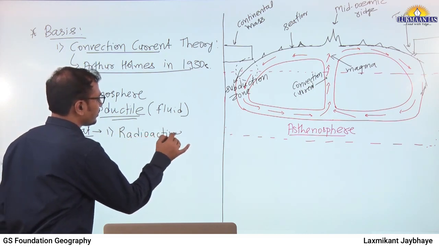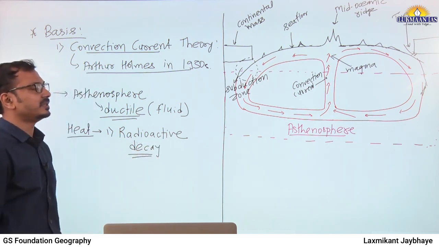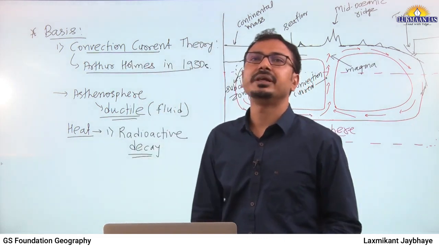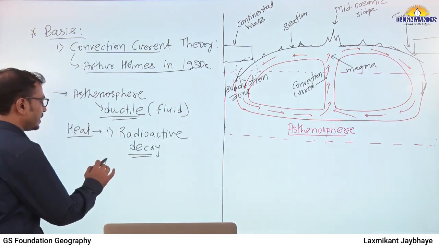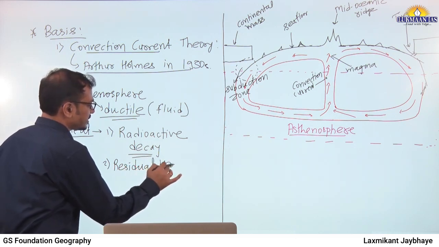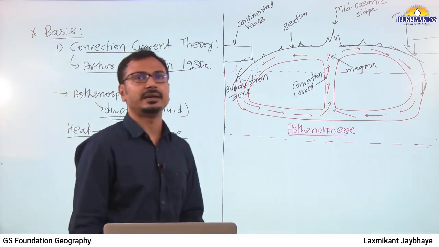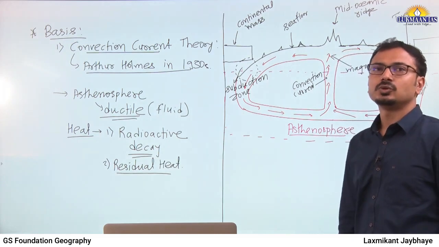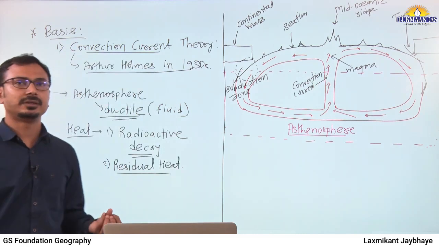Radioactive decay, first thing. That means in this region the radioactive material is continuously decaying, emitting heat energy. And then there is residual heat inside the earth. Since the formation of the earth, the complete earth has not cooled, so some heat energy is still trapped inside.